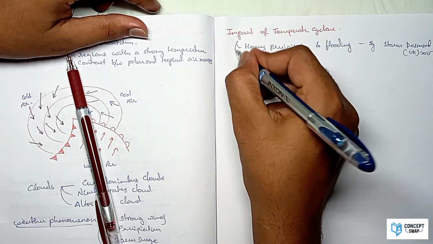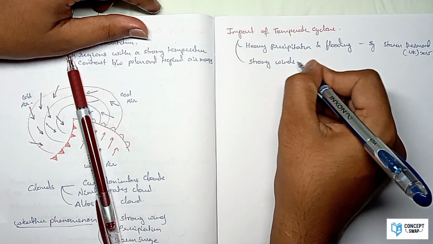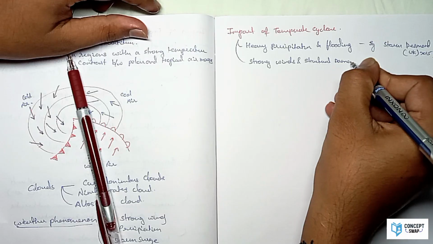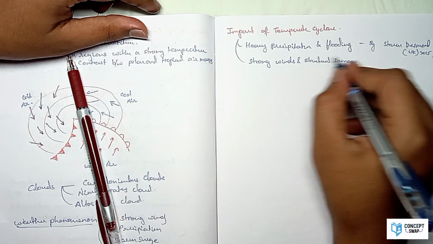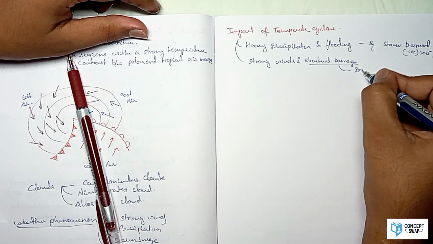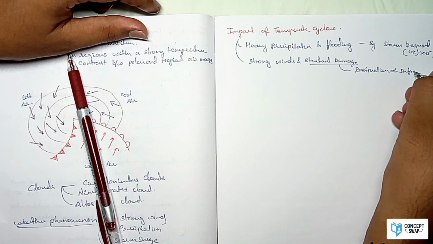Then the next thing is strong wind and structural damage, which is destruction of infrastructure.